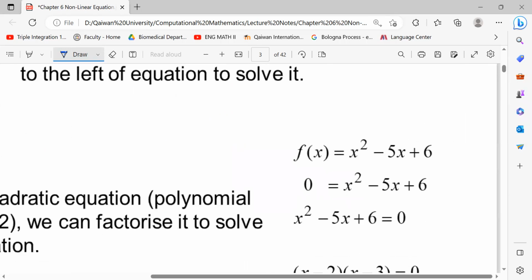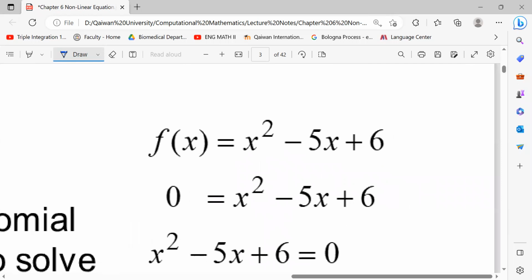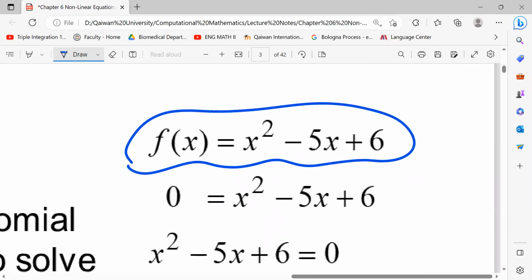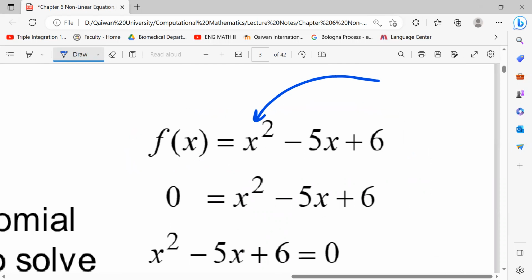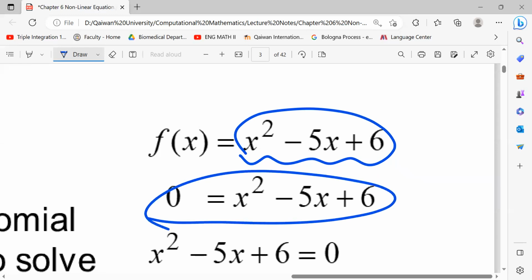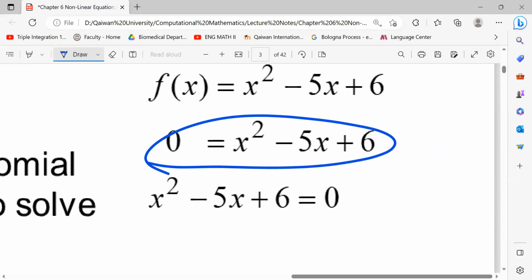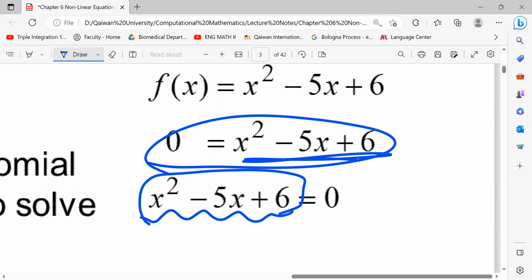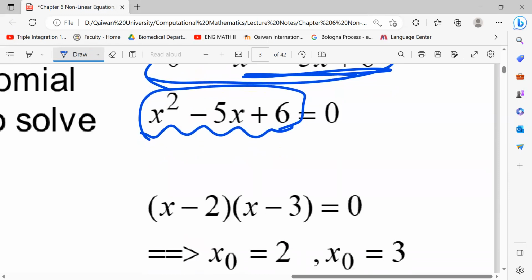And here, as you have this equation, it's a nonlinear equation. It's a quadratic equation. As you see, the exponent of x here is 2. It's not 1. We just equal this to 0, and we get this equation. Now, we solve this. We need to factorize this by making it into 2 brackets.